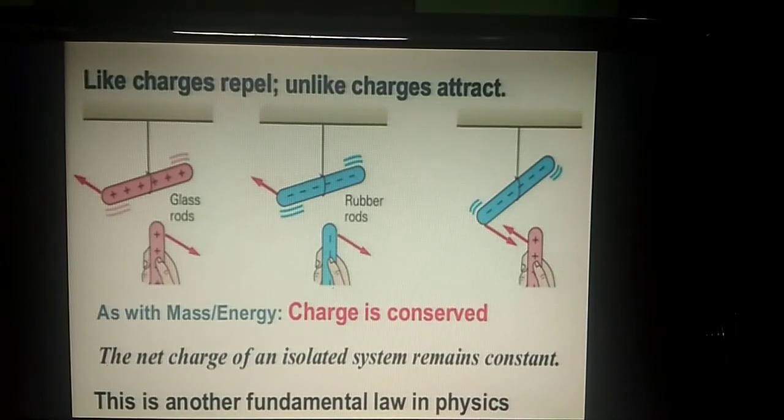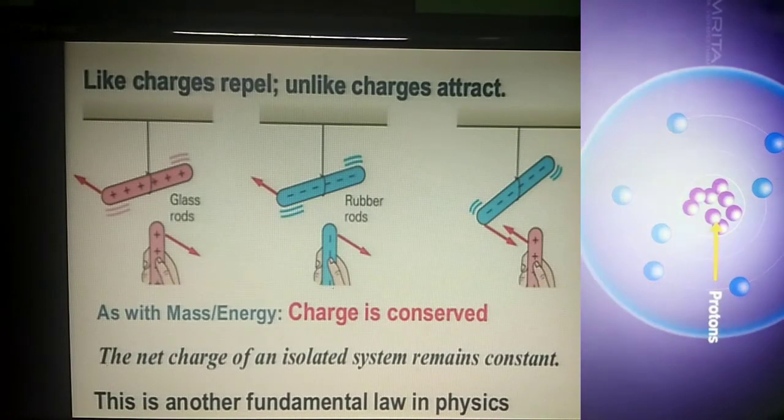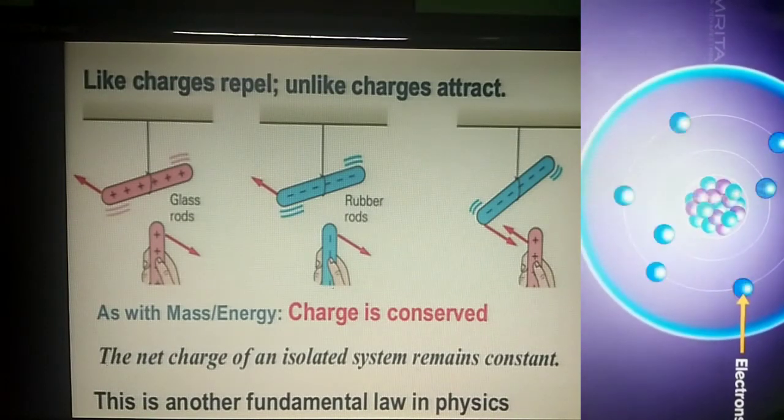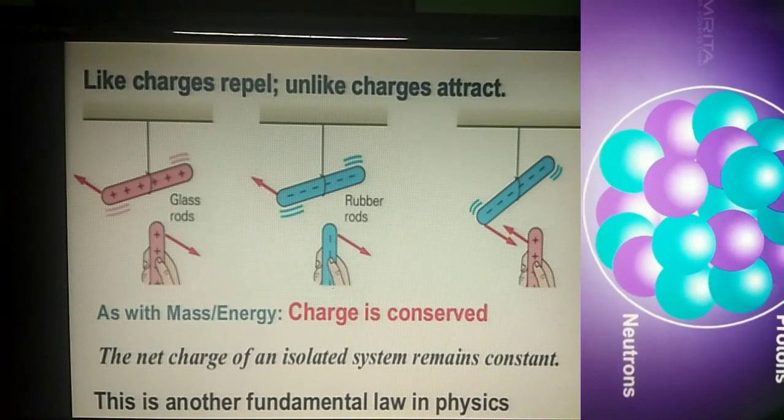As mass, energy, momentum and matter are conserved, charge is also conserved. That is, the net charge of an isolated system remains constant. This is one of the fundamental laws in physics.